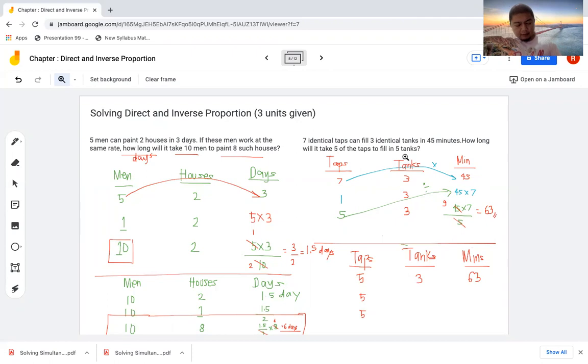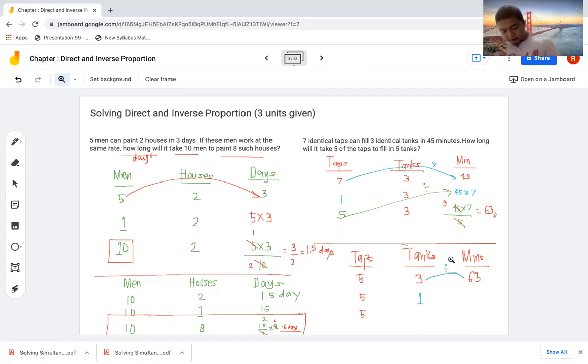So before that, we have to understand first that we are going to look for the time for 5 taps to fill 1 tank. So as you can see, if these 5 taps will fill 1 tank, then the number of minutes will be divided.